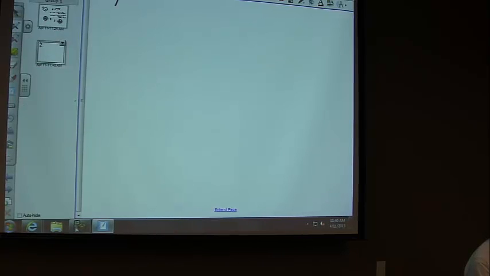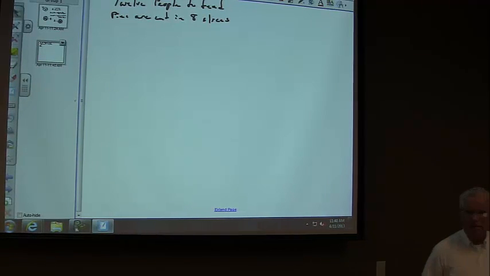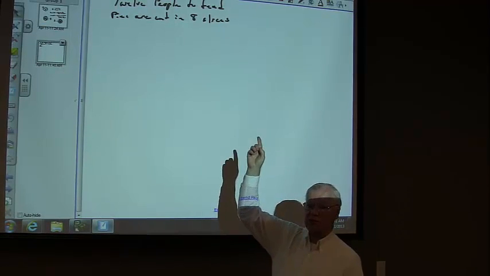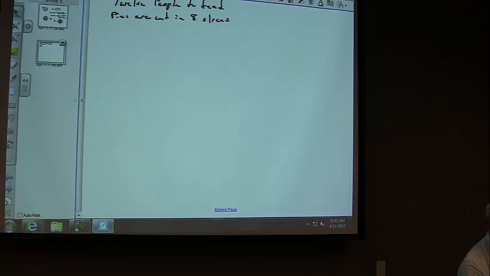I have 12 people to feed. Pies are cut in 8 slices. So the unit of measure is 8ths. The number I need is 12. So therefore, I need 12/8.